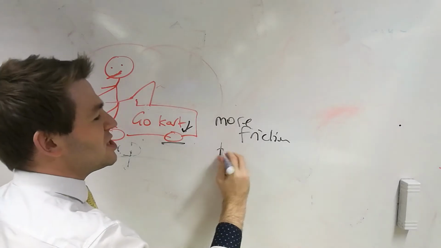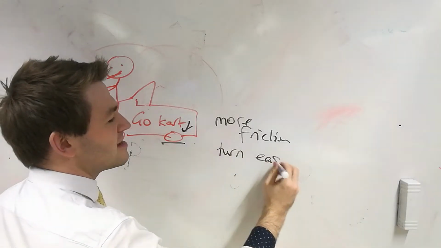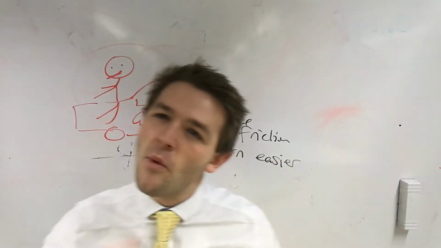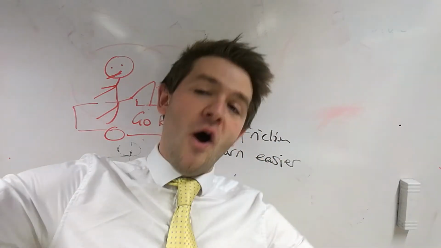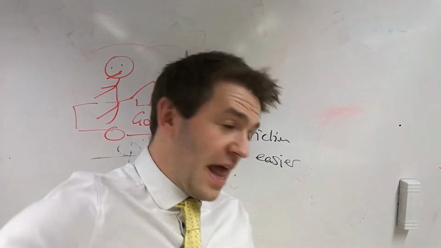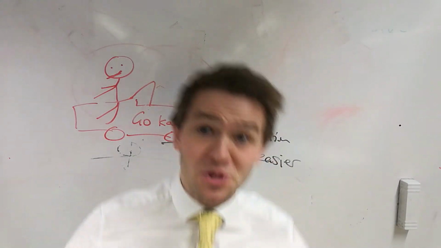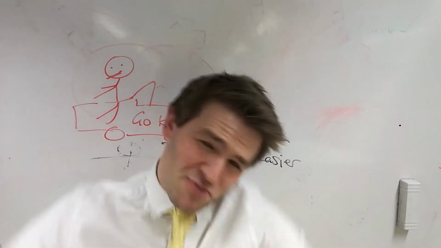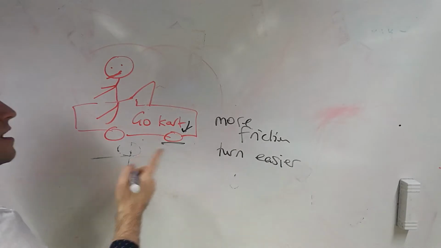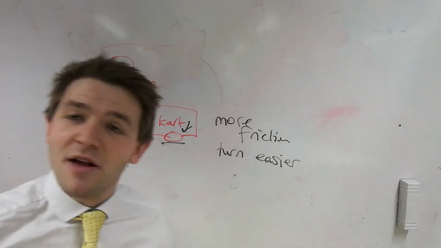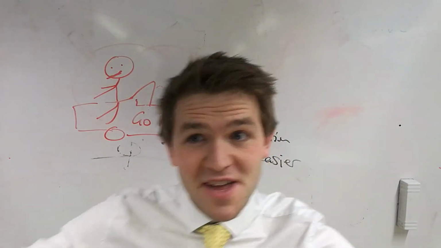More friction means you can turn easier. And I was like, wow. Because I would have tried the opposite. My instinct, get off more so I can let the car do it itself. But when I'm turning around, I want to push my car into the ground so it gets lots of grip. That was an interesting fact I learned.